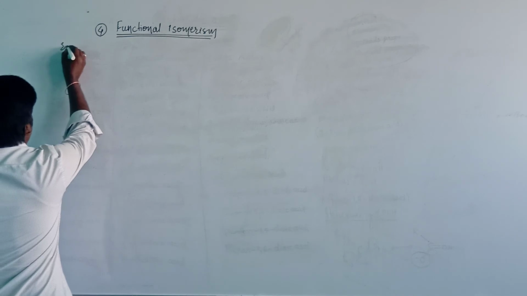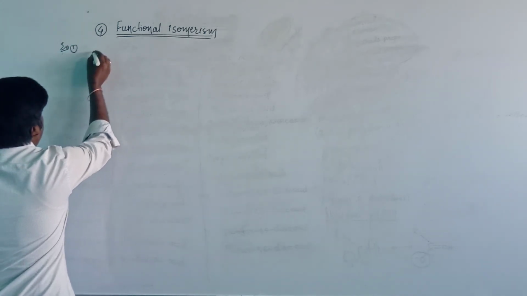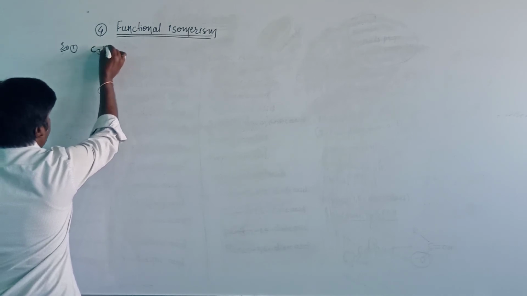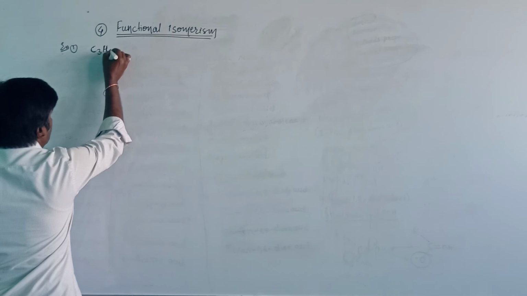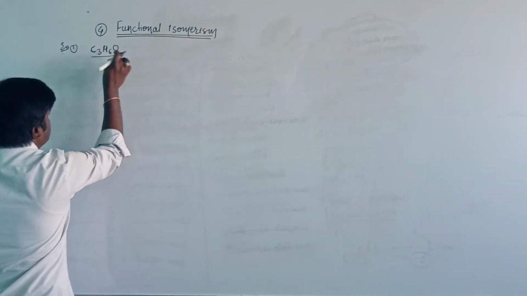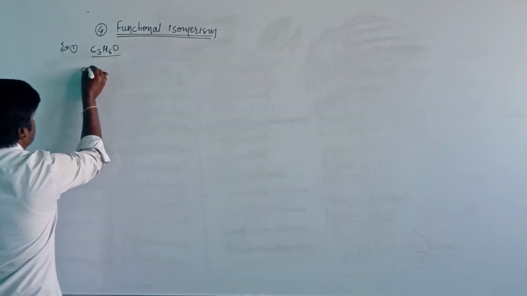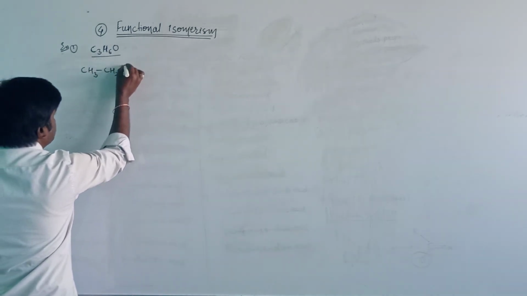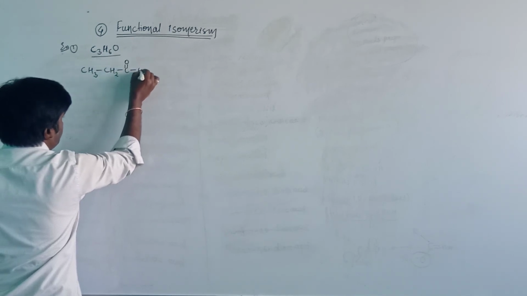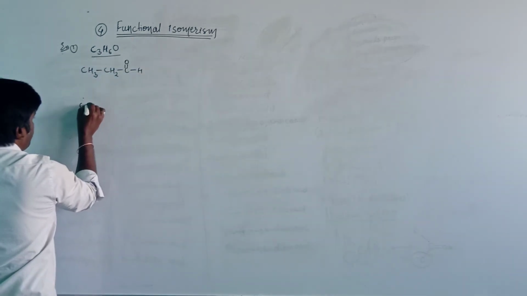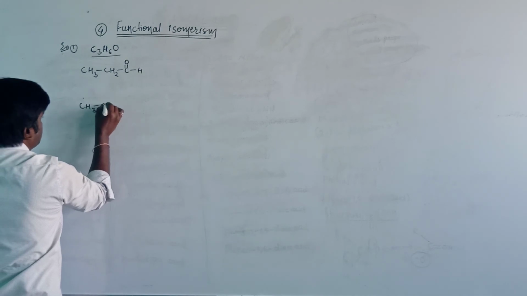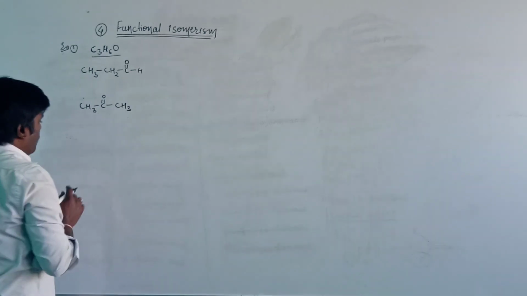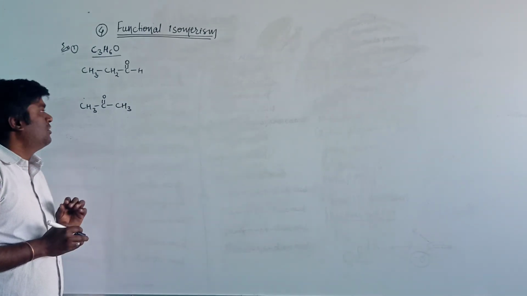The first example: C3H6O. We can write CH3CH2CHO, and also we can write CH3COCH3. Both compounds have the same molecular formula.